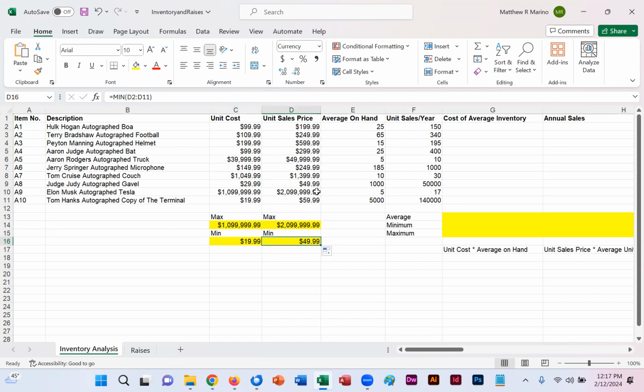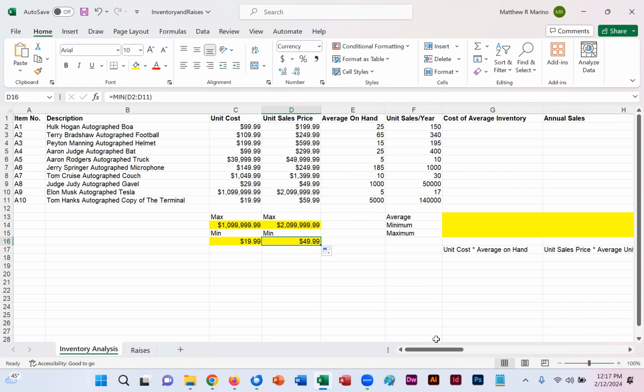Well, that's because that is the minimum in the unit sales price column. So the unit cost is what a company will pay for something, what they purchase it for. And then the unit sales price is what they charge you for it. And that's how they make their money.